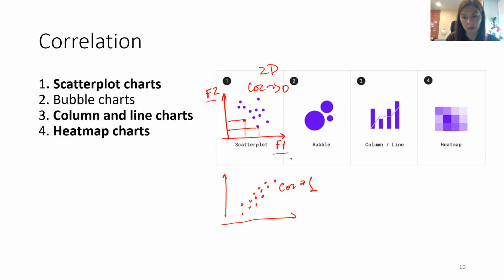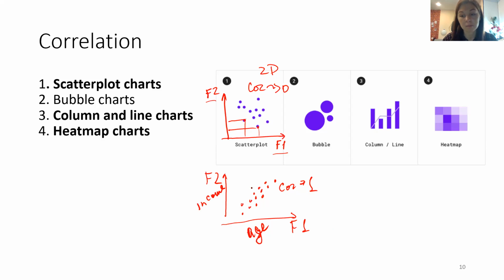Correlation reflects linear dependencies between some features. In our example, we have two parameters, for example, age and income. And we know that between age and income, we have some relationship.